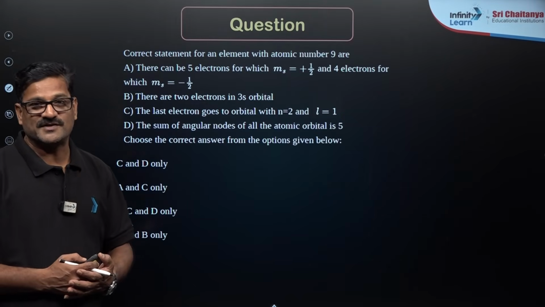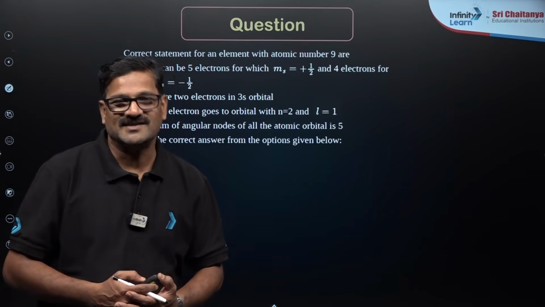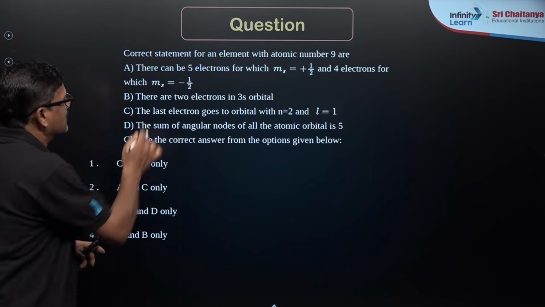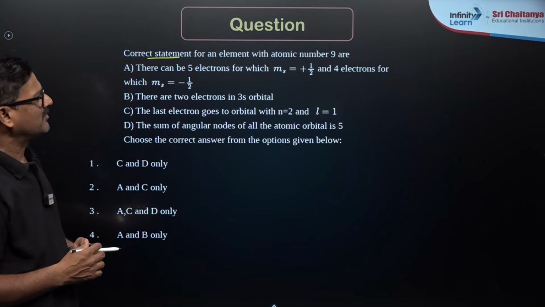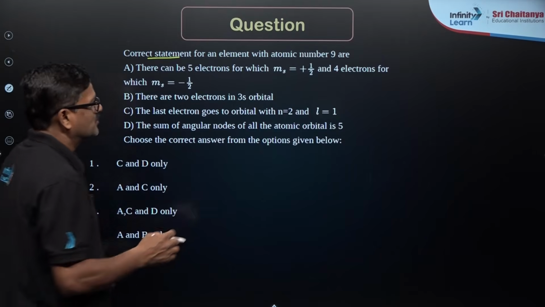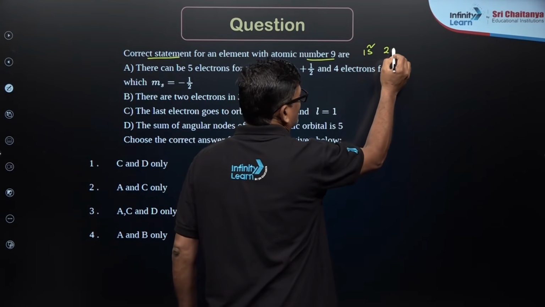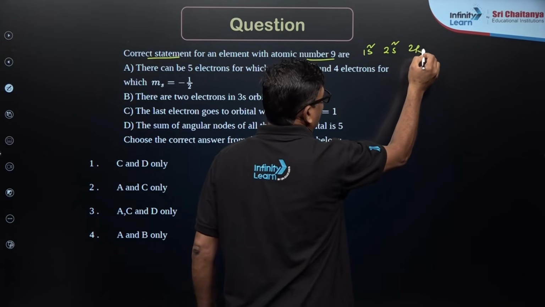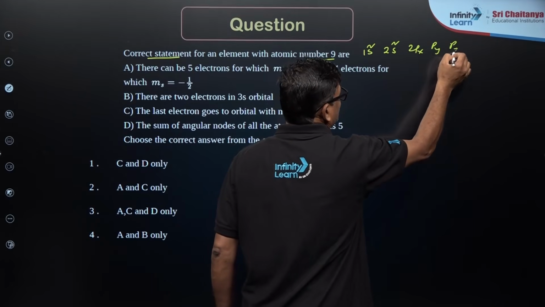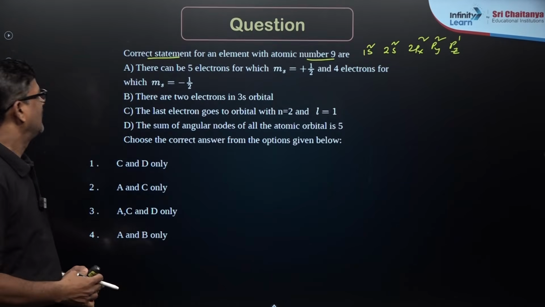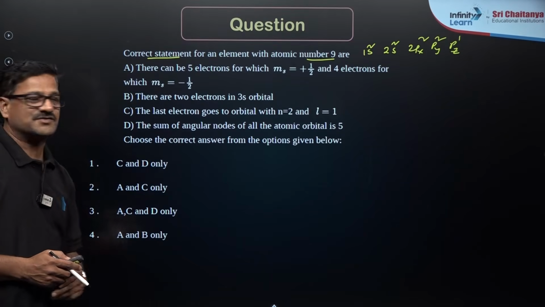Students, this question is based on quantum numbers and from atomic structure. You can see the correct statement for the element with atomic number 9. It's fluorine. So if it is atomic number 9, it is going to be 1s2, 2s2, 2px2, 2py2, 2pz1. So we have to find out the correct statements.